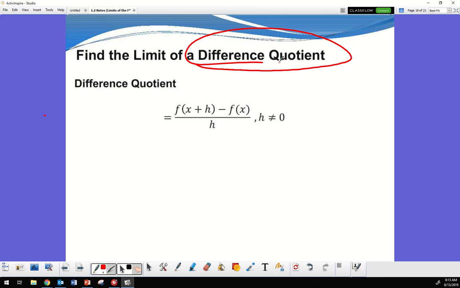Now, what is this actually saying? What does that say? X. Where does that go?